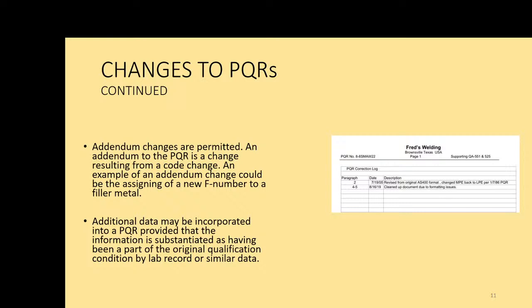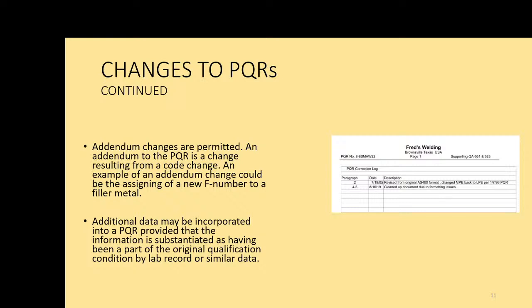So if you've got a PQR that was written in 1980 before they split P5C into P15E or whatever those are, with the creep-resistance-enhanced ferritics, I think it's P91 materials and stuff. When they split all those off, maybe your old PQR has that material, but it says 5C, not P15E. So a lot of times these things change.